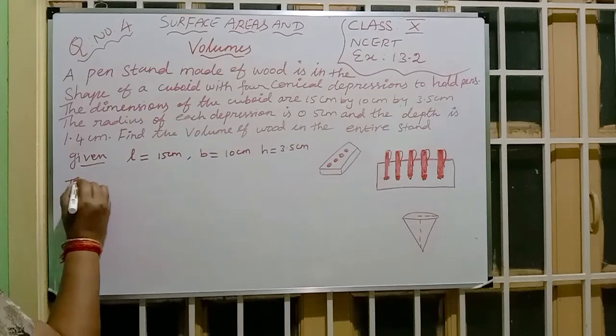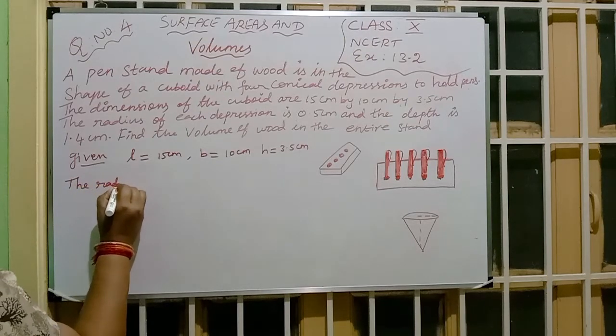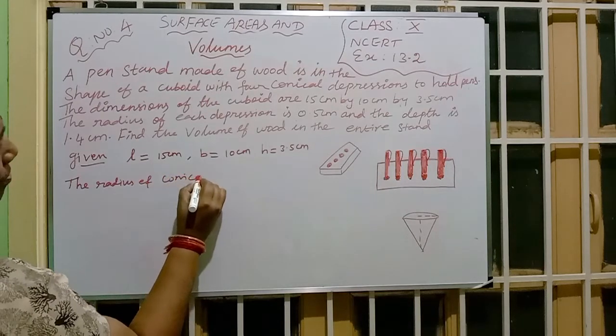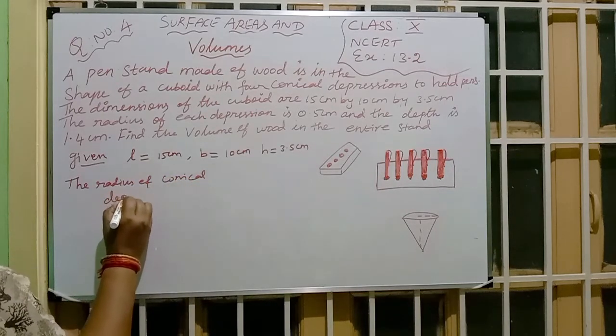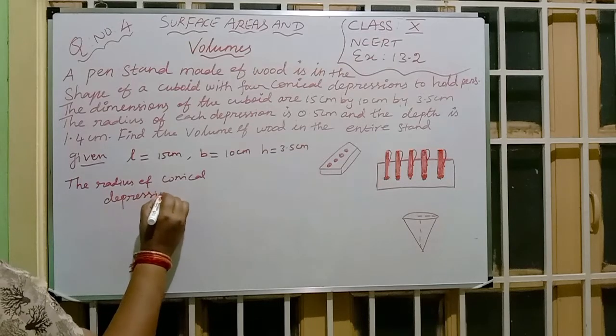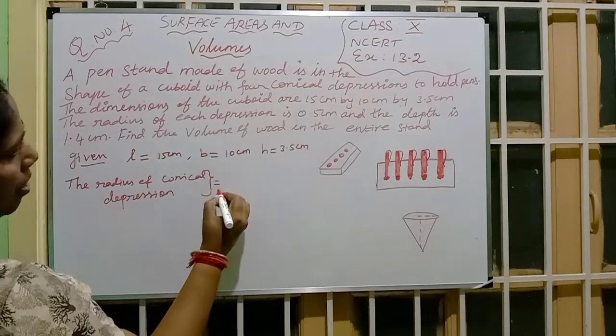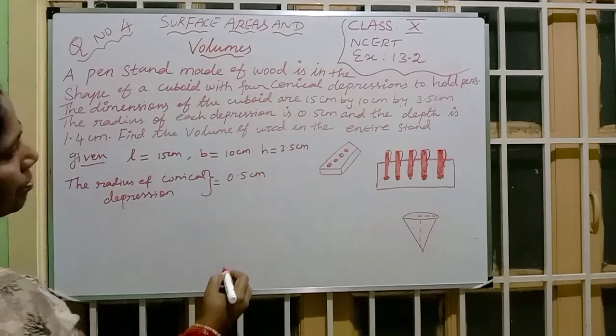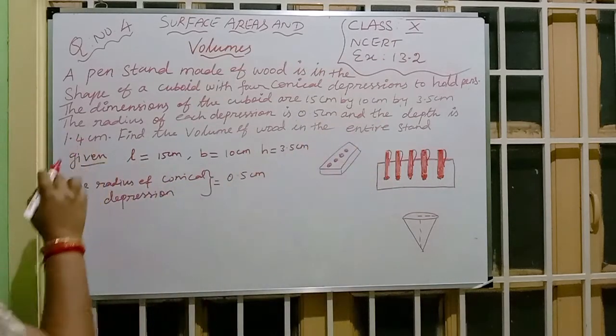So the radius of the conical depression is equal to 0.5 centimeter and the depth is 1.4 centimeter.